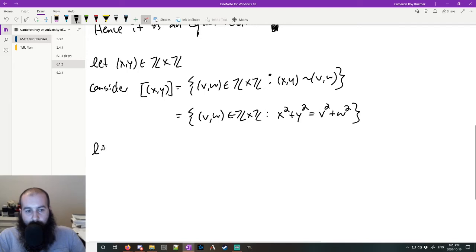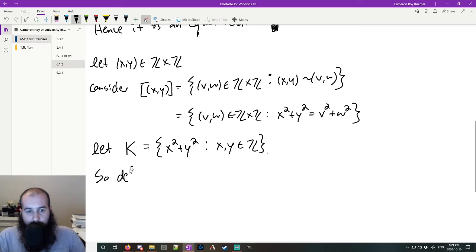So let's let capital K be equal to the set of x squared plus y squared, such that x and y are integers. So then, for all possible numbers in this set, we will get an equivalence class.